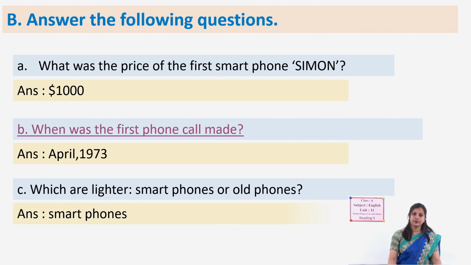Yes, of course. The smartphones are lighter. That's why we keep it in pocket, isn't it? Otherwise, how can we carry the heavier one, that 2.5 pounds the old phones used to be? Can we carry such a heavy thing in our pockets and just walk normally? It's not possible all the time, isn't it? Okay.